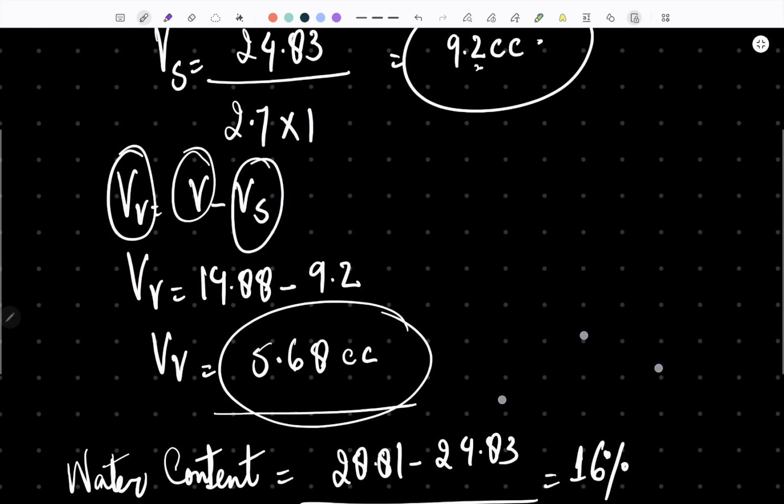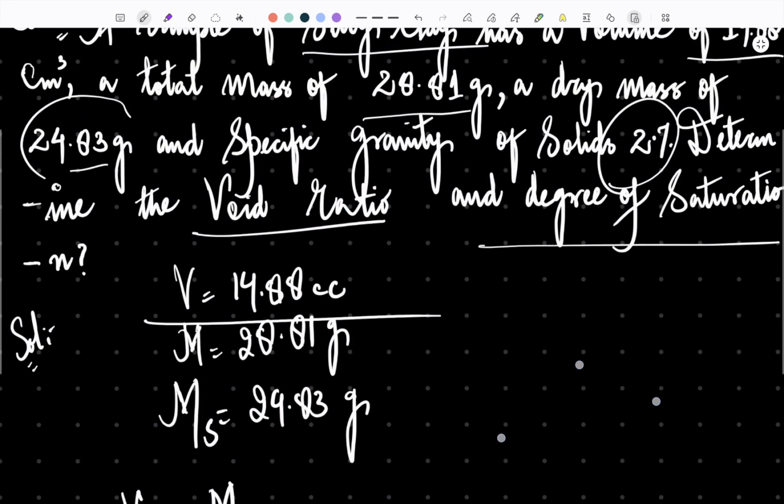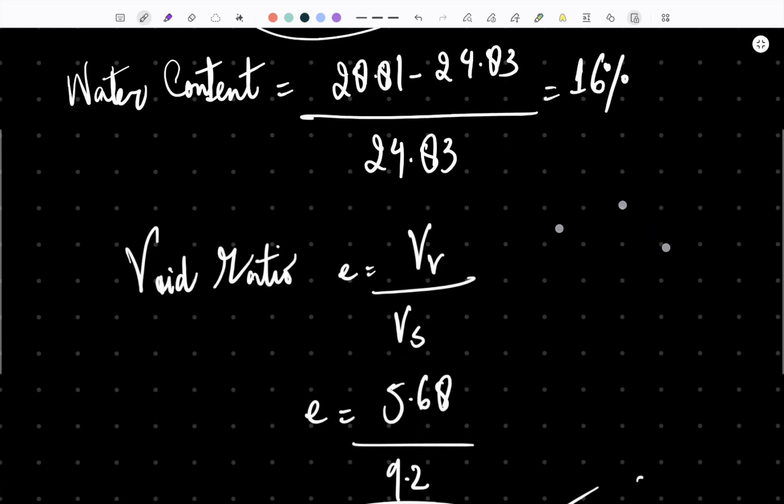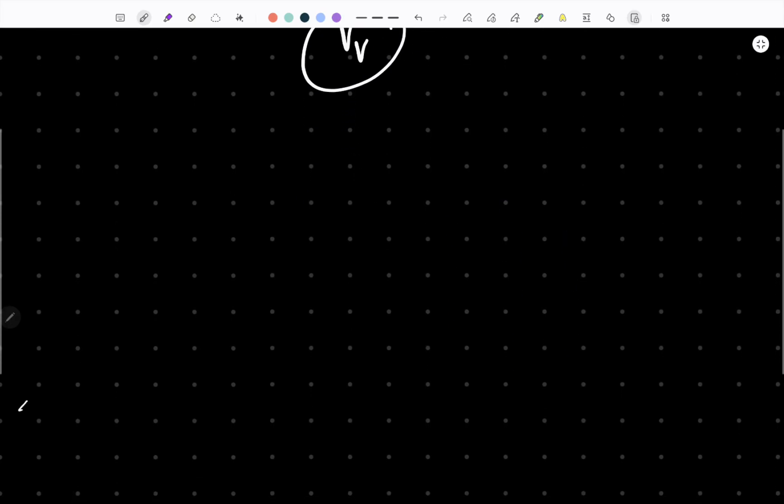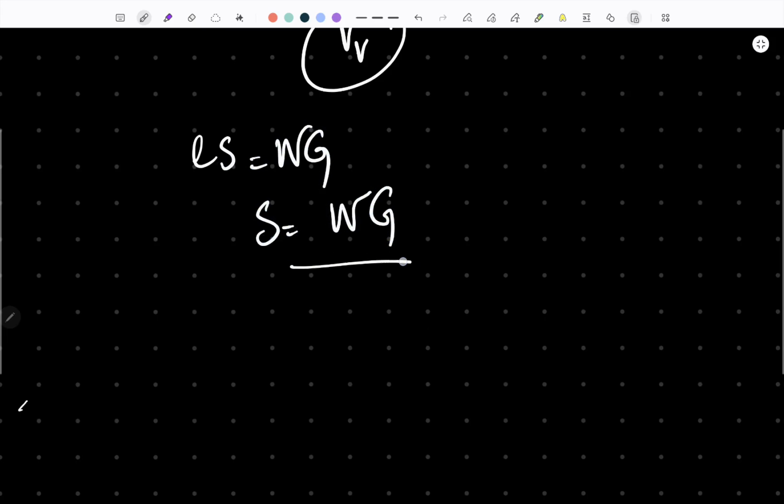The next thing that we need to find is the degree of saturation. We know the degree of saturation is volume of water divided by volume of voids. Since we know volume of voids but not volume of water, I'll be using the alternate equation, eS is equal to wG. So S is equal to wG divided by e.